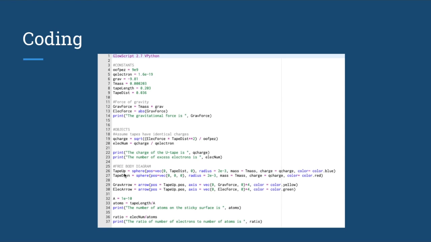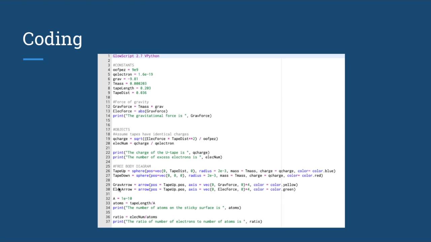And then for tape B, which is on top of tape A, for the charged U-tapes, I just created a sphere with a radius big enough to see, using the mass and Q charge, and gave it a color, and I did the same thing for the bottom tape. But I just set the distance apart, the distance I measured in the lab, and then I put the bottom tape at the origin.